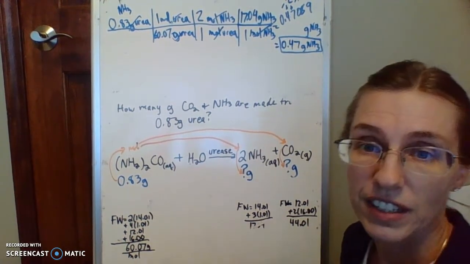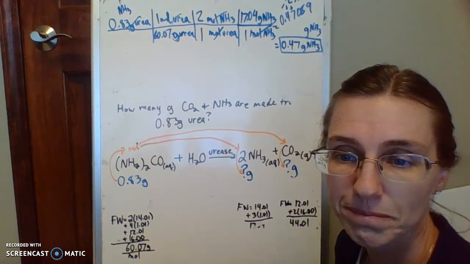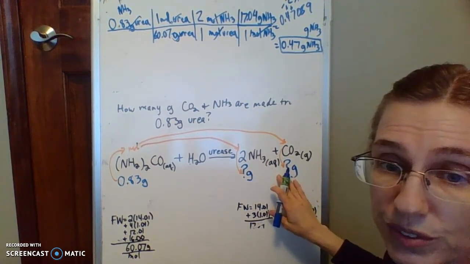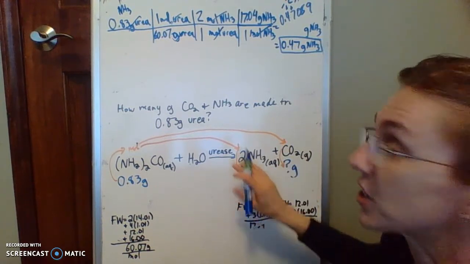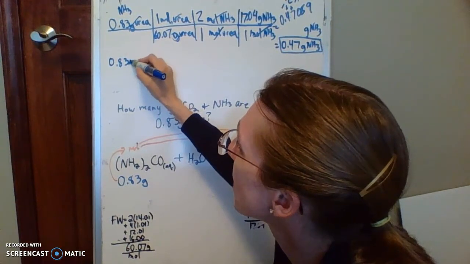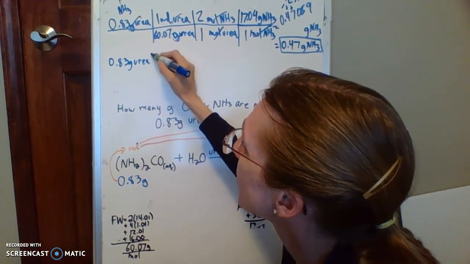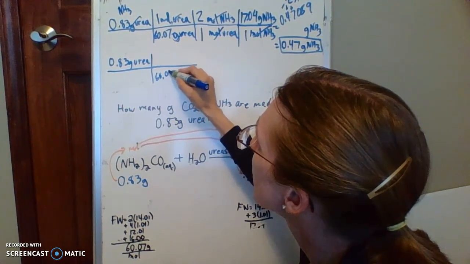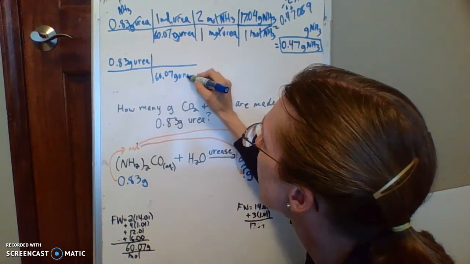There's our answer. Now are we done? Well, no, because we still have CO2 to do. Remember, there's 2 parts to this question. So let's go ahead and do that. It's going to actually mirror the one above exactly. You're going to change urea from grams to moles.